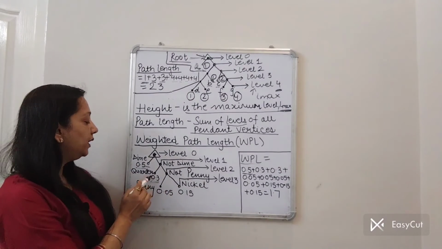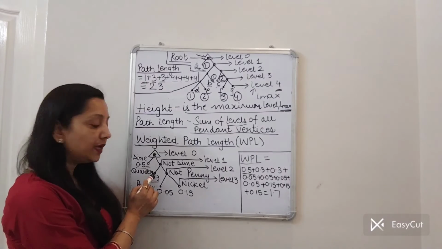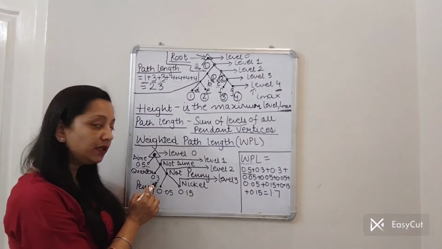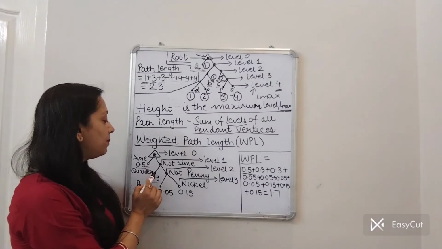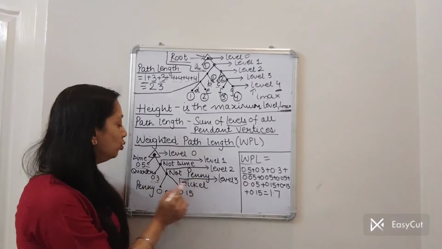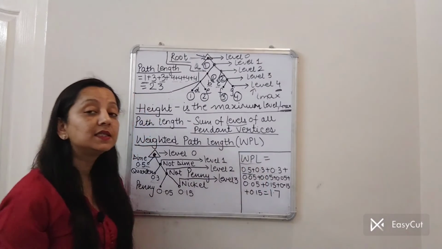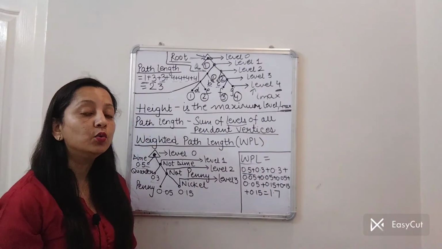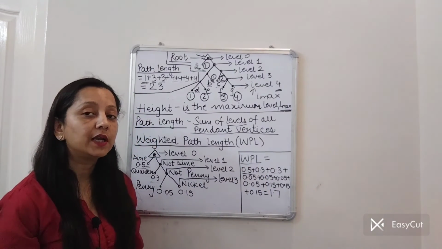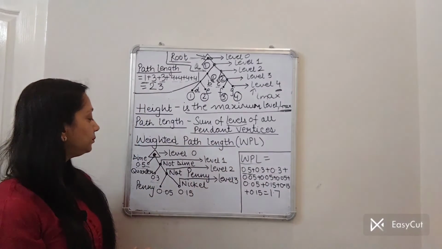Now the probability of finding a quarter is 0.3. That means this pendant vertex is having a weight associated with it, which is 0.3, and this pendant vertex is at which particular level? At level 2. So that means 0.3 will be written twice since it is at level 2. It is for that particular vertex which is at level 2, so hence it will be written twice, right?